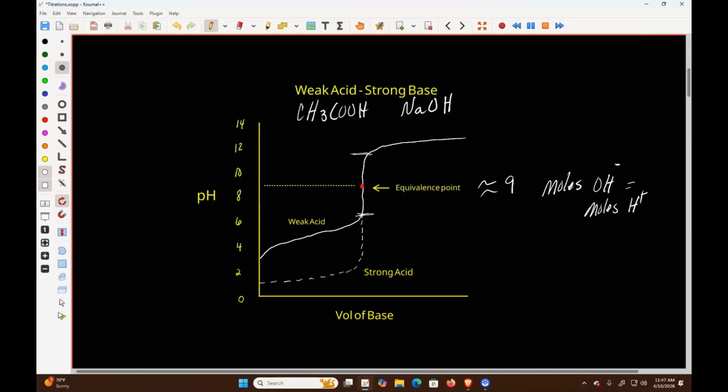But the reason that it's at a pH of 9 and not a pH of 7 is that the conjugate base of the acid is fairly basic. Therefore, the equivalence point will be up here around 9 instead of 7. After this point, the OH- is now in charge, and the curve should match exactly like the previous slide.